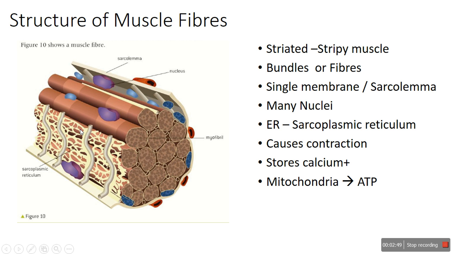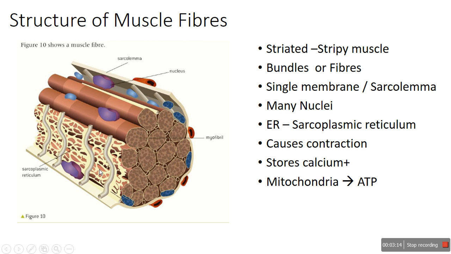It conveys an electrical signal to the myofibrils to contract, and so it allows all the myofibrils to contract and relax simultaneously. The sarcoplasmic reticulum stores calcium, and there are also large numbers of mitochondria around, supplying energy which is needed for the contractions.